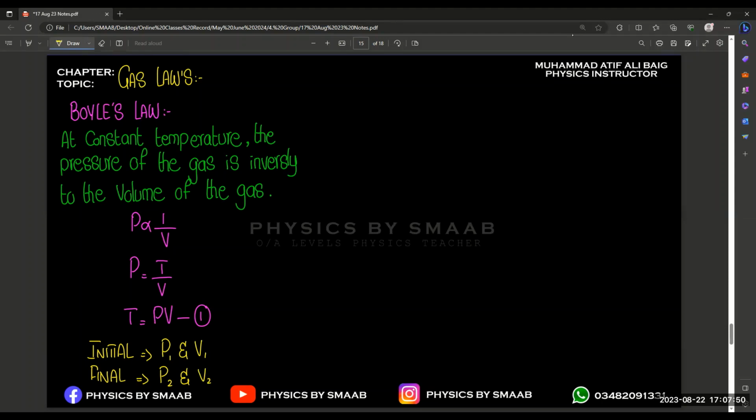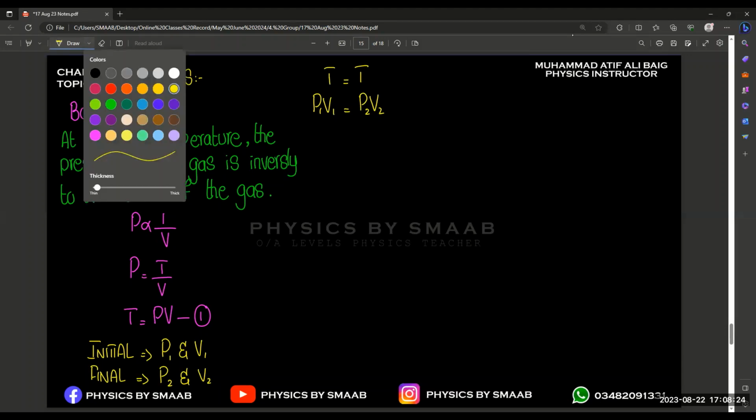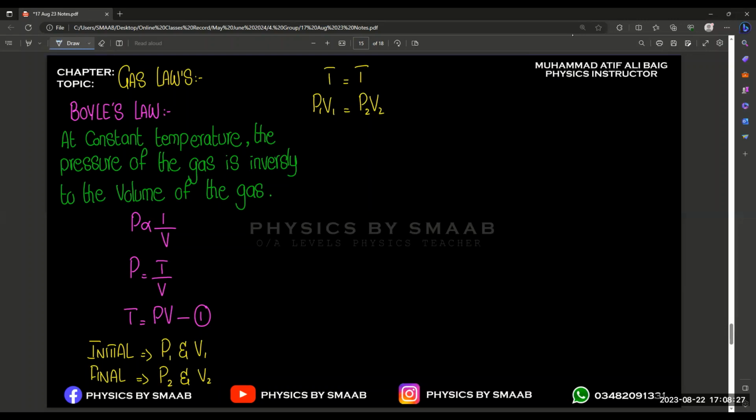If we compare the initial state and the final state of the gas, the temperature in both conditions remains the same, so we are using only T. We are not writing 1 and 2 because 1 and 2 would indicate a change in temperature. So P1 V1 will be equal to P2 V2, right? And this is the most important equation for our numerical questions related to Boyle's law in the chapter of pressure.